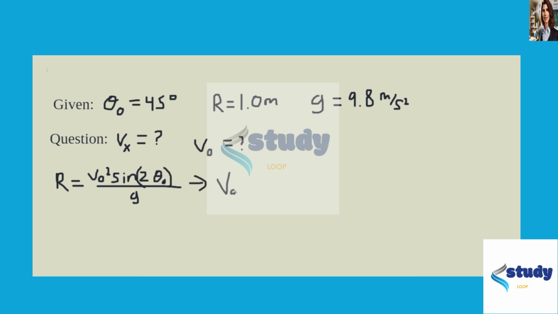V naught is squared, so in order to get it by itself, we need a square root. R gets multiplied by the g, and this is divided by sine 2 theta.